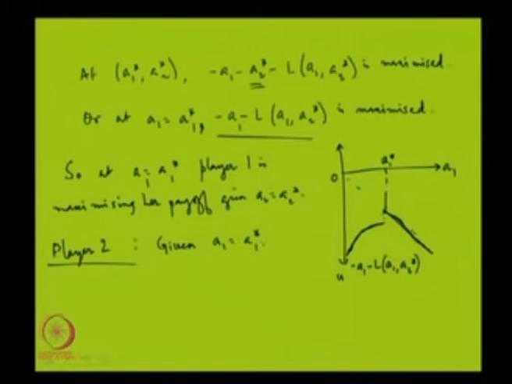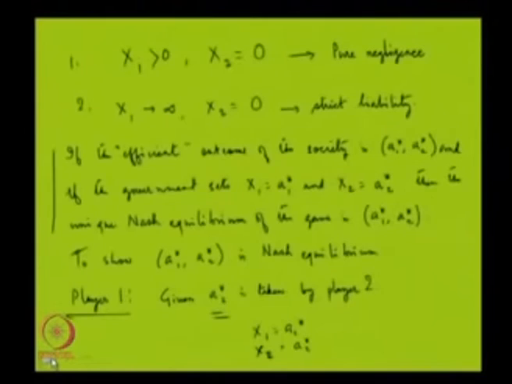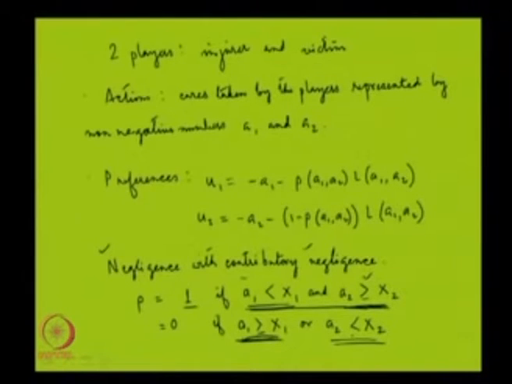Now, the proof here is all like before, that given A1 is equal to A1 star, we are going to show that at A2 is equal to A2 star, the payoff function of player 2 is being maximized. So, what is the payoff function of player 2? Remember, since player 1 is taking A1 star action, this is true.